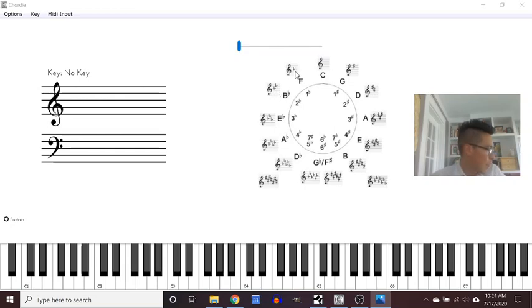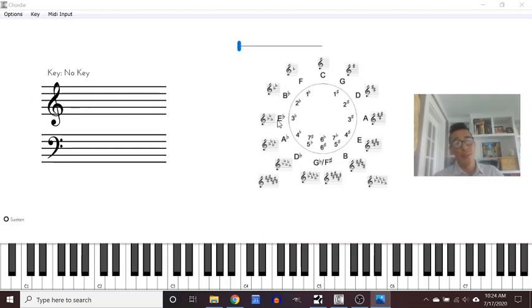Let's start with that B flat. The distance between B flat and E flat is also a fourth within this fourth pattern. If we go to the next key, E flat, B flat, E flat, A flat. So here's B flat to E flat, a fourth, and then E flat to A flat. Aha, another fourth.